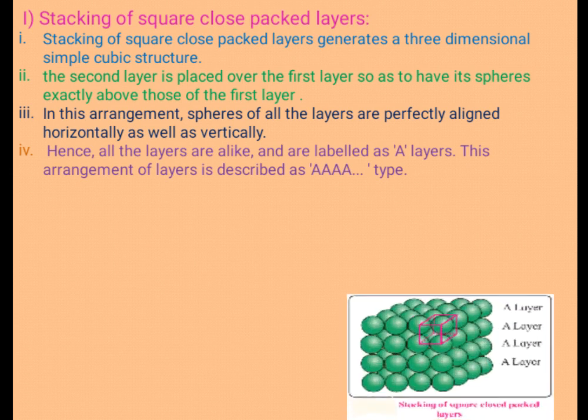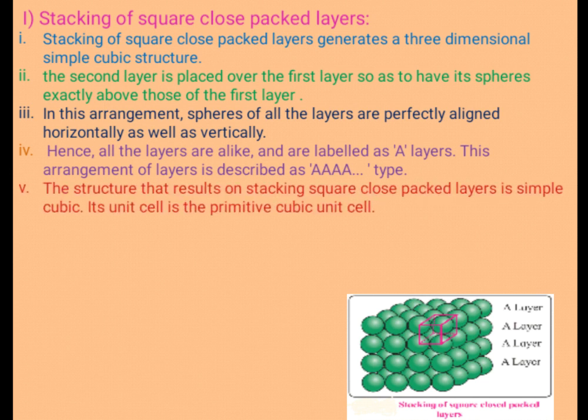For example, the stacking of two-dimensional A type layers one above the other forms this AAA type square close packing of a three-dimensional crystal structure.